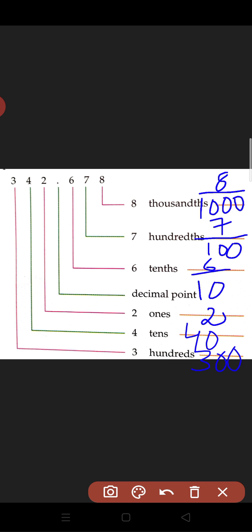These are the place values. So with the help of the place value chart, a decimal number can be written in the expanded form. Now we are writing all these place values together by using the plus sign. 300 plus 40 plus 2 plus 6 by 10 plus 7 by 100 plus 8 by 1000.